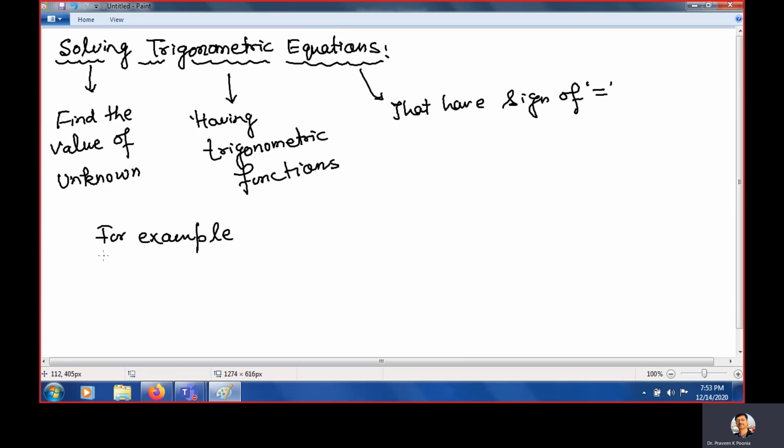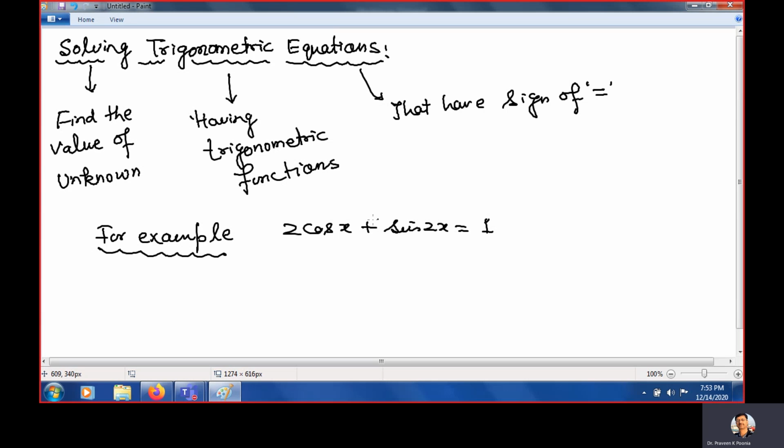For example, there are many trigonometric equations. Let us say 2 cos x plus sine 2x equal to 1.